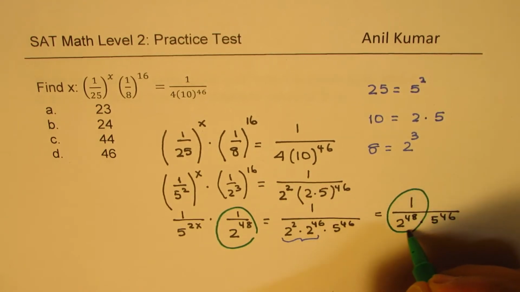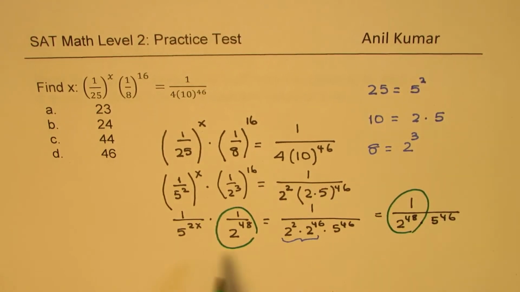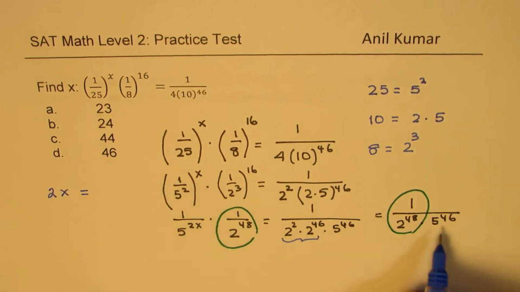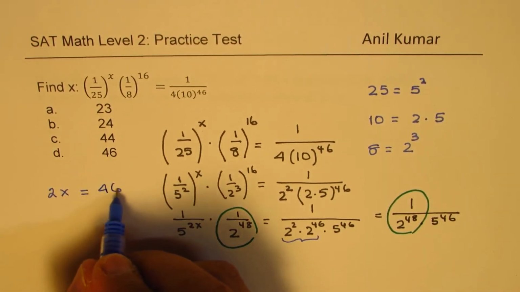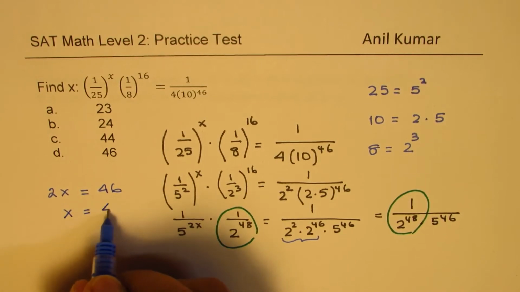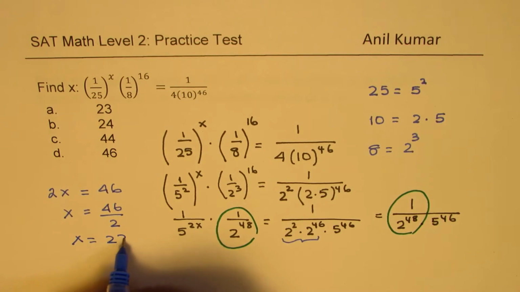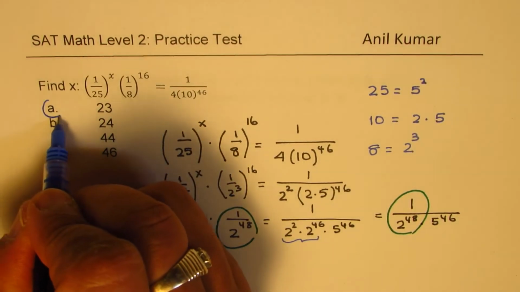This factor is already there. The one remaining is 5 to the power of 2x and 5 to the power of 46. So that means that 2x should be equal to 46, right? Or x should be equal to 46 divided by 2, and so we get x equals 23. So the option A is the right option.